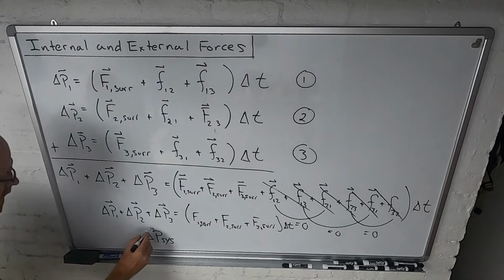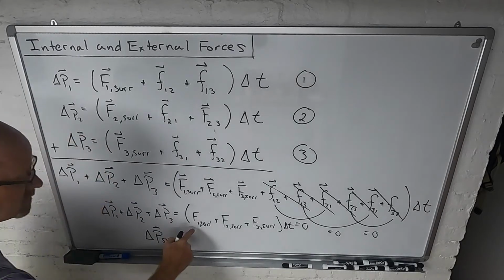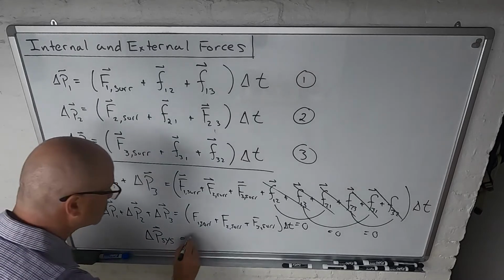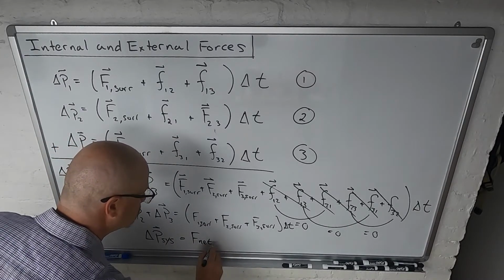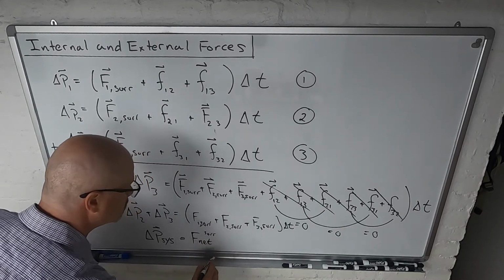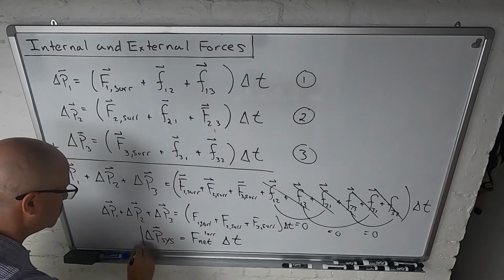It's the total change in momentum of all of the things within my system. And this is the sum of the net forces from the surroundings, and I'm going to put surroundings up here, just to remind us, times delta T.